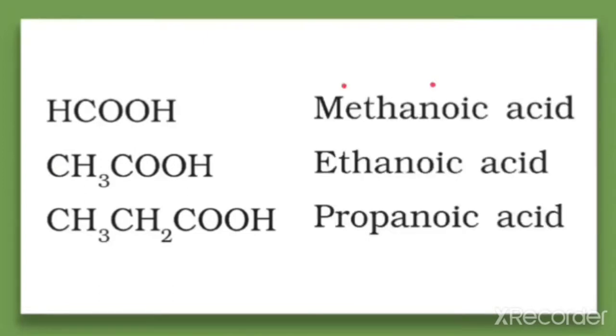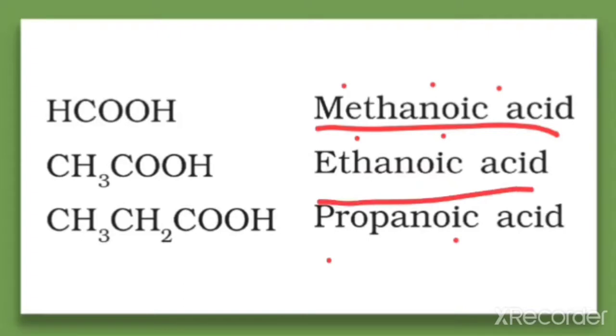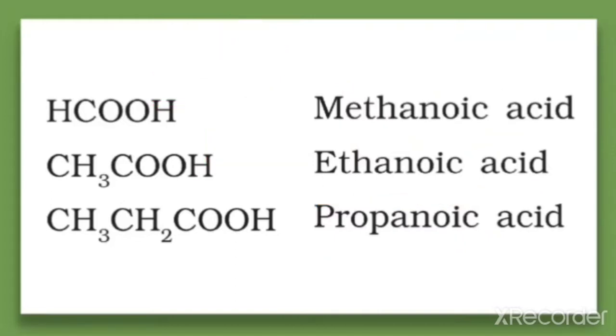So that is methanoic acid, ethanoic acid, propanoic acid. These are very common examples of carboxylic acid. The simplest carboxylic acid is methanoic acid, the 1 carbon acid, commonly called formic acid. This is 2 carbon ethanoic acid, commonly called acetic acid. These are the most important and simplest examples of carboxylic acid.